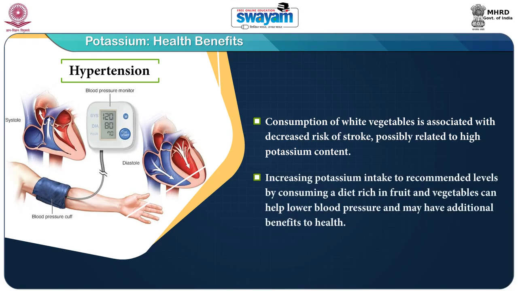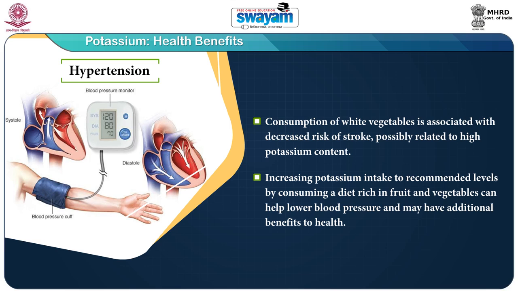Now, increasing potassium intake to recommended levels by consuming a diet rich in fruits and vegetables can therefore help to lower blood pressure and may have additional benefits to health also, because fruits and vegetables have a lot of functional properties besides the nutrients present.